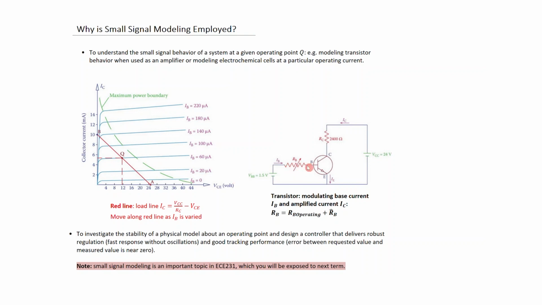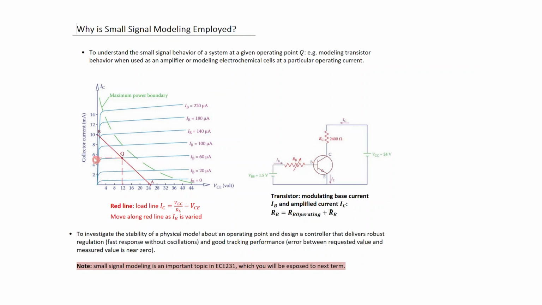So if you set this for a specific value of resistance, you're setting yourself to be on one of these blue lines. All right, so the next thing would be to figure out what happens if I raise the collector emitter voltage. That is, if this voltage goes up, how does that impact the current that's flowing through it? Well, for a transistor, you basically will see this relationship for a given current that's flowing here.